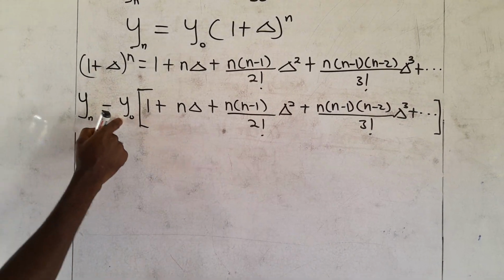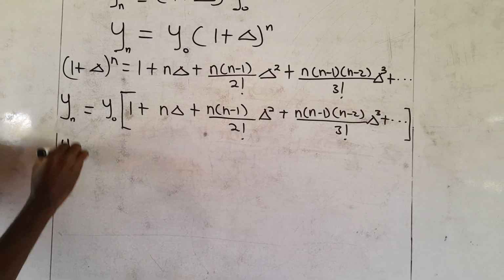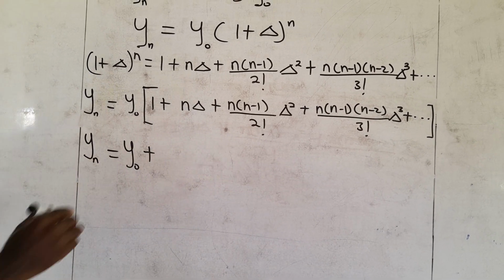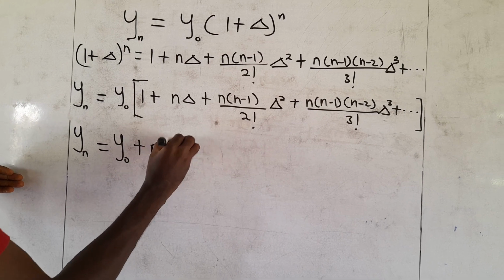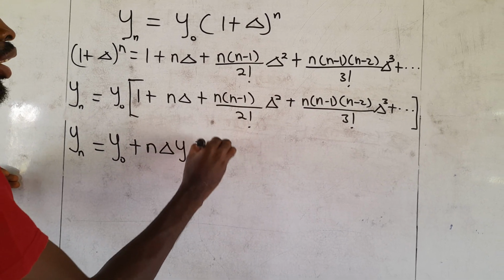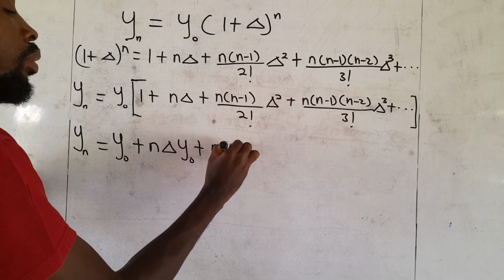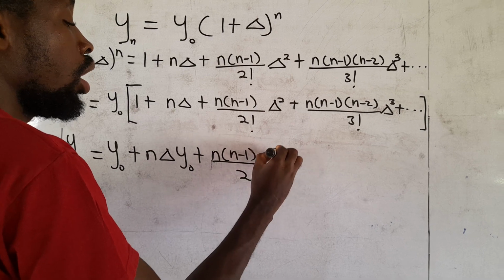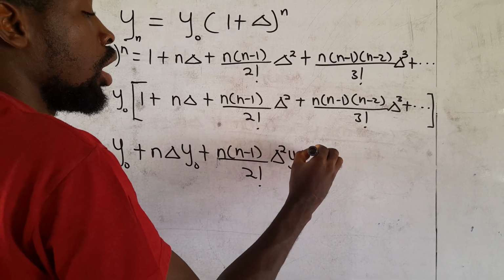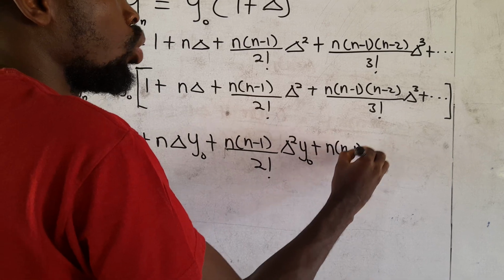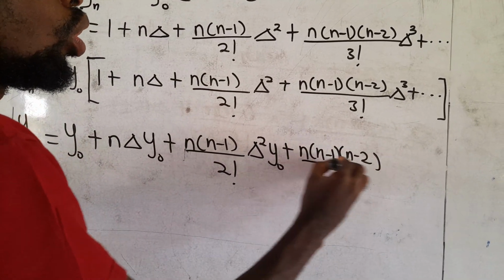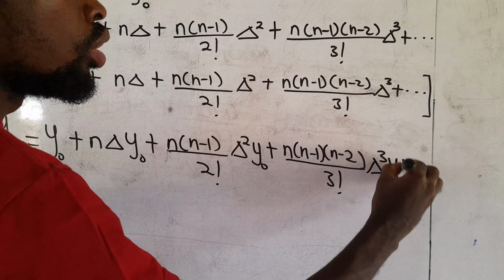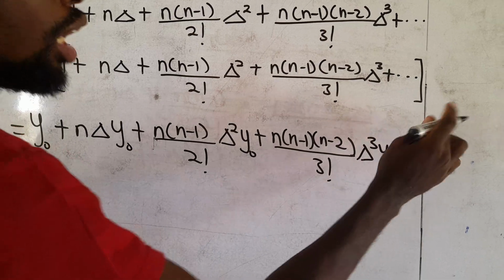So when we let the y naught multiply everything, we get y n is equal to y naught plus n delta y naught, then plus n(n minus 1) over 2 factorial delta squared y naught, then plus n(n minus 1)(n minus 2) over 3 factorial delta cubed y naught, and so on in the order. I hope you get that.